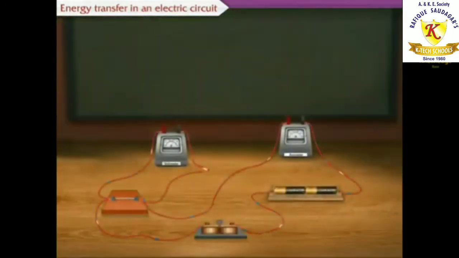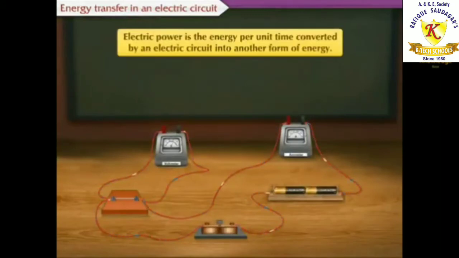Let us now study the expression of electric power from the earlier circuit. Electric power is the energy per unit time converted by an electric circuit into another form of energy.